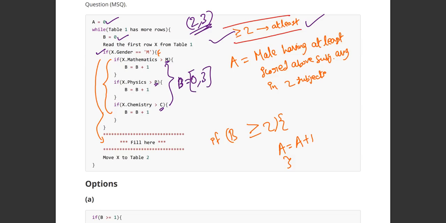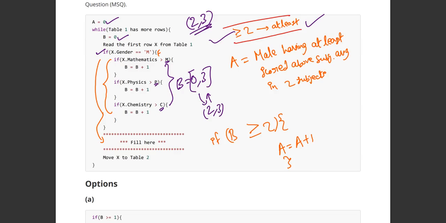According to the condition it is at least 2. That means it should be 2, 3, which is also an interval in 0 to 3.